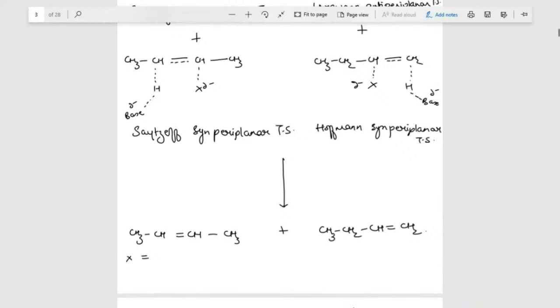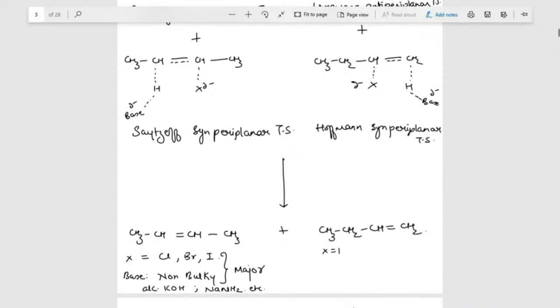When X is Cl, Br, I and base is non-bulky, then major product is the Zaitsev product. Non-bulky like alcoholic KOH, like NaNH2, etc.